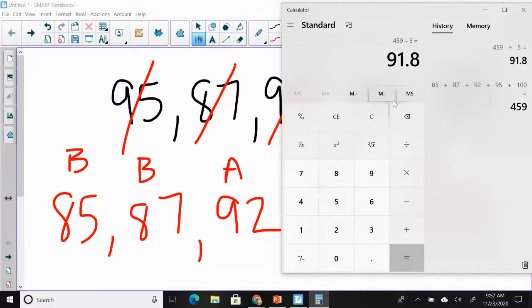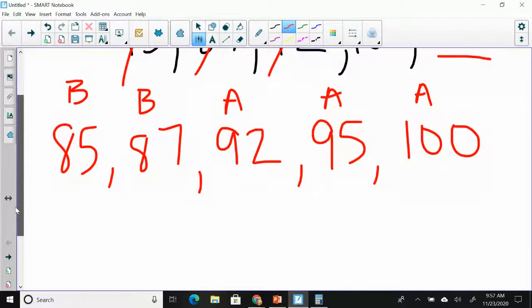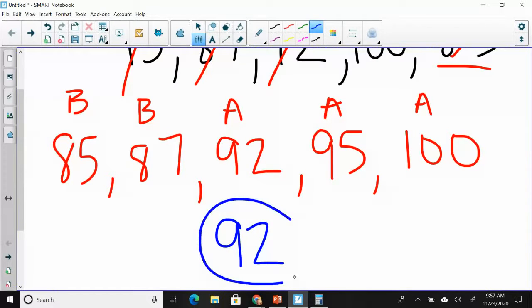Okay. And my average is a 91.8, which I would round up to a 92. Okay, so my grade would be a 91.8, or we would say my average is a 92.